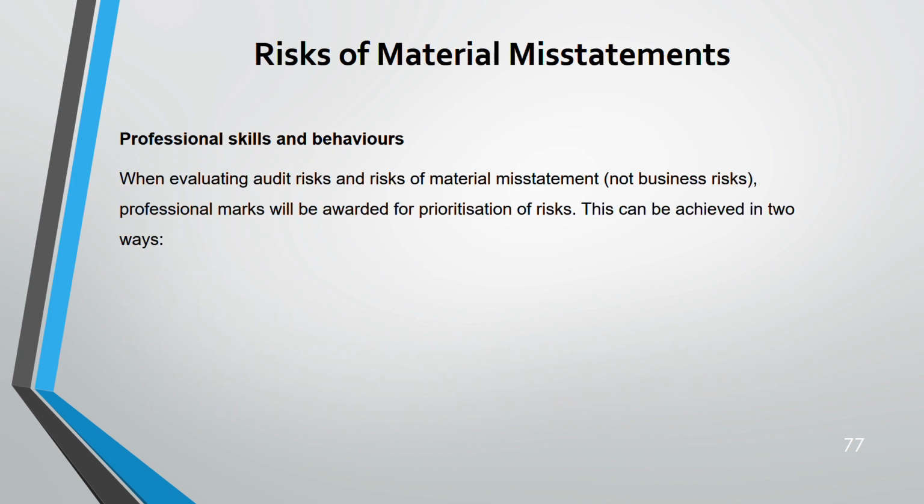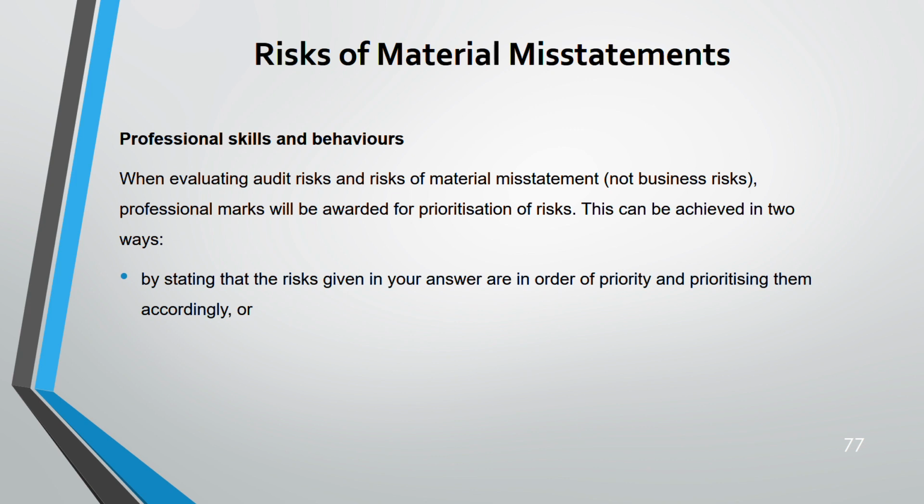Then, when you're evaluating audit risk and risk of material misstatement, which are not business risk, what happens? Professional marks will be given according to the prioritization of risk. Remember, how are you prioritizing your risk? This can be achieved in 2 ways. One, you state the risks in your answer in the order of priority.